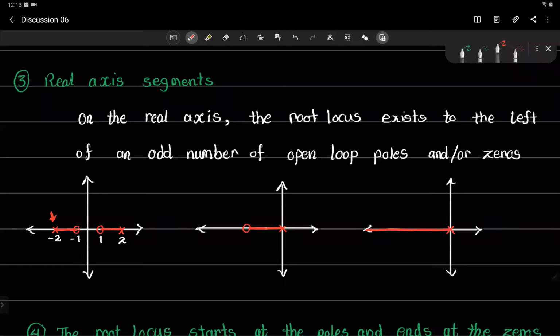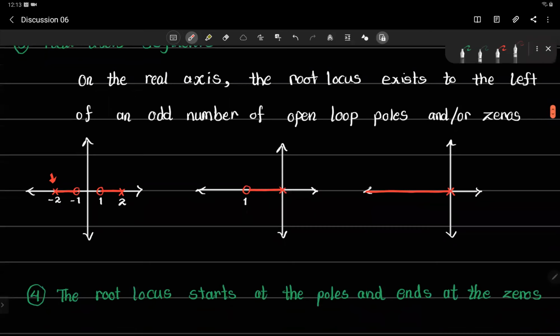And similarly here we have this pole at 0 and this pole at, let's say, 1. Because we have this pole at 0, then to the right of it we will have a real root, a part of the root locus.